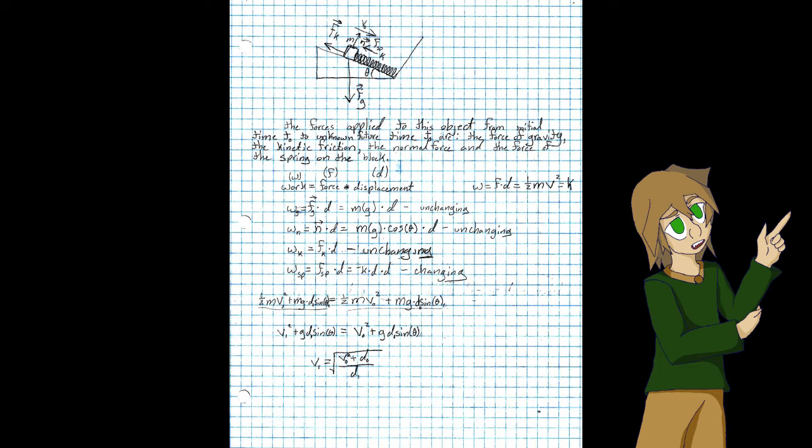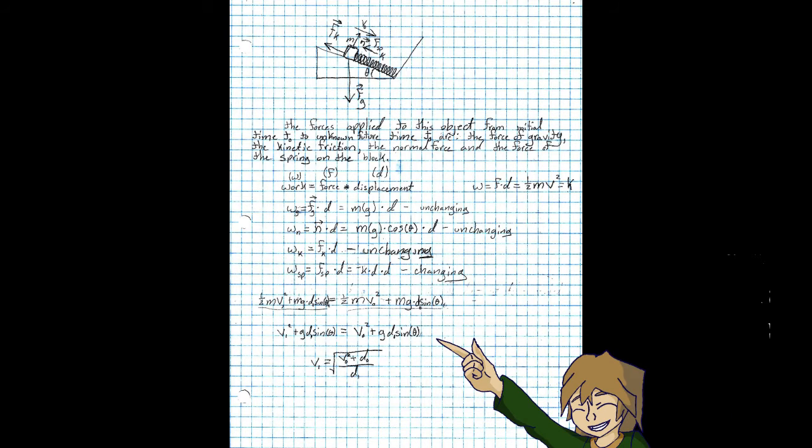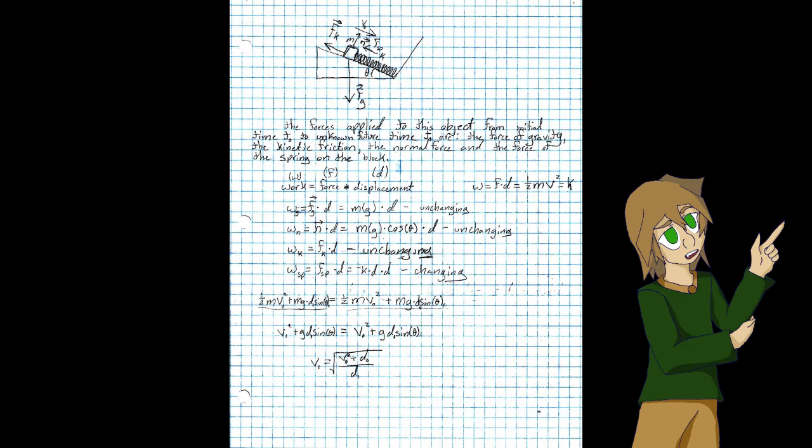I then use the conservation of energy theorem to say this energy has to equal this energy, because the energy you put in is the energy you get out. And I did some basic algebra in order to get the velocity at time 1.